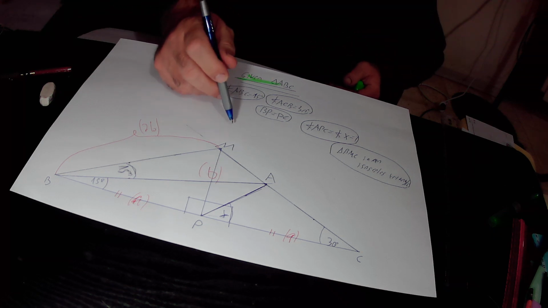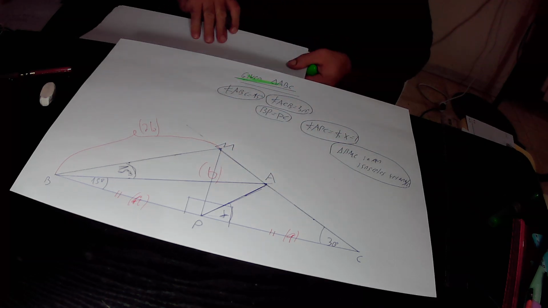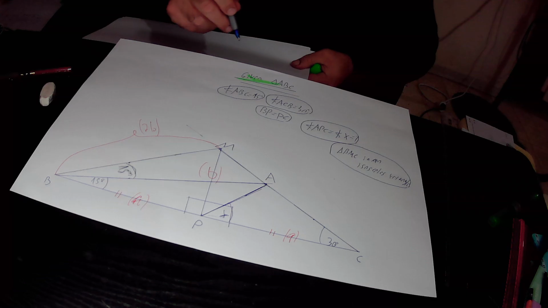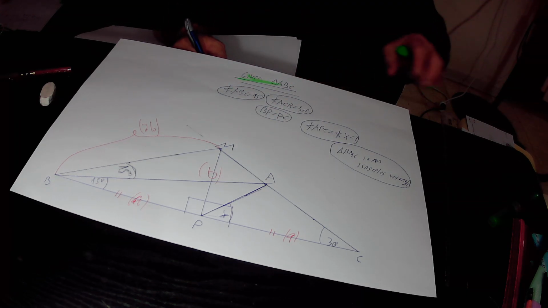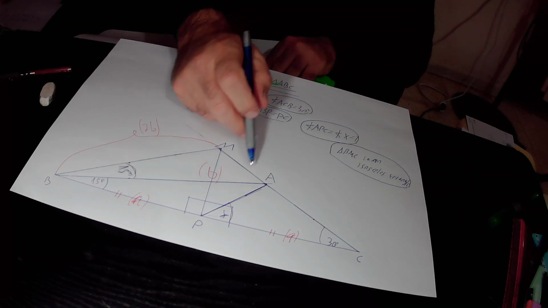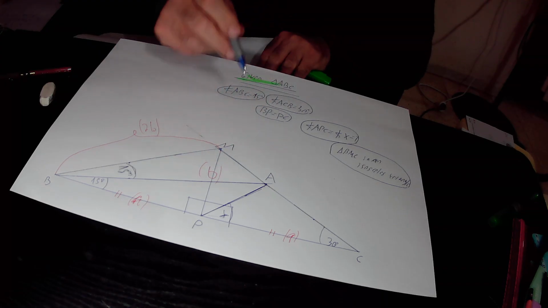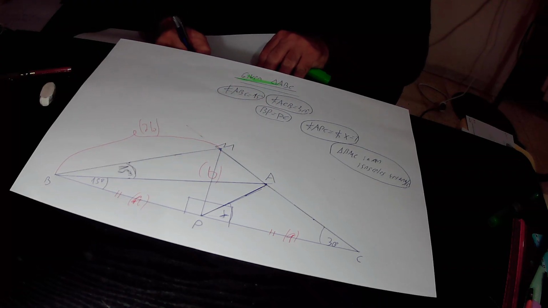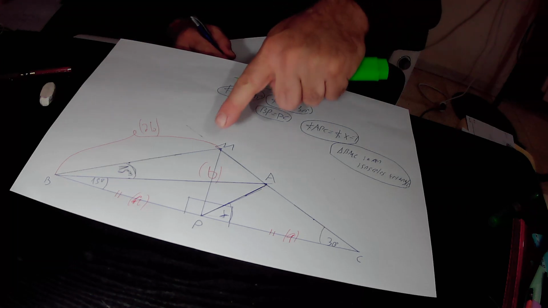In the next step, we'll focus on this right triangle MPC. This is line segment AP. Line segment AP divides the size of this right triangle MPC proportionally.